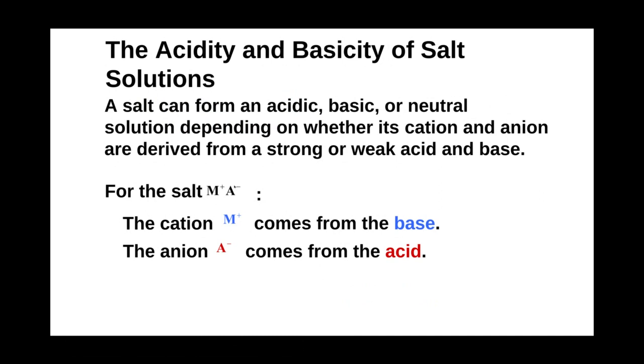So if we have an arbitrary salt, remember, a salt is simply a metal like sodium or potassium attached to a negatively charged thing like chlorine or bromine. So we denote a salt M plus, A minus. The cation M plus comes from the base, and the anion A minus has to come from the acid.